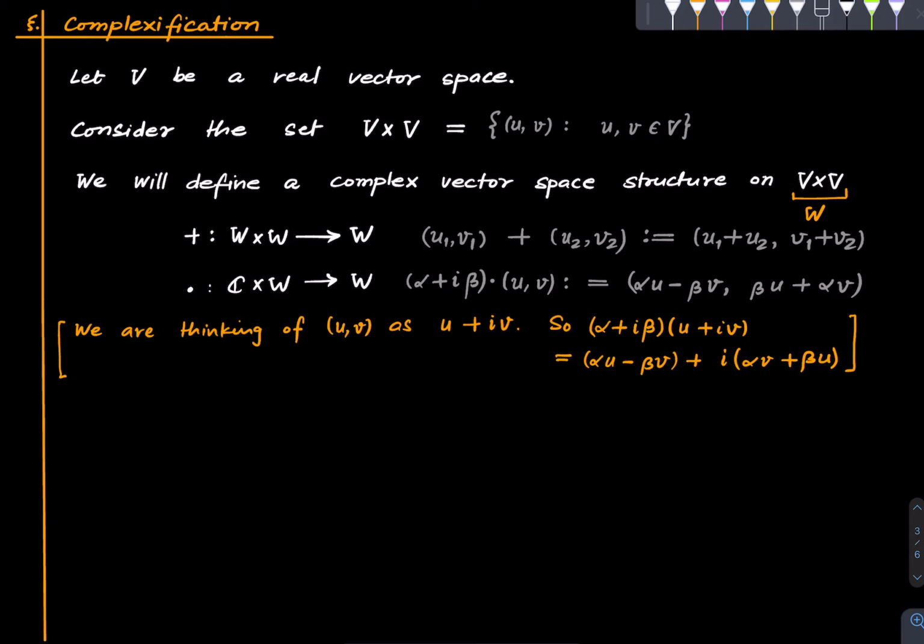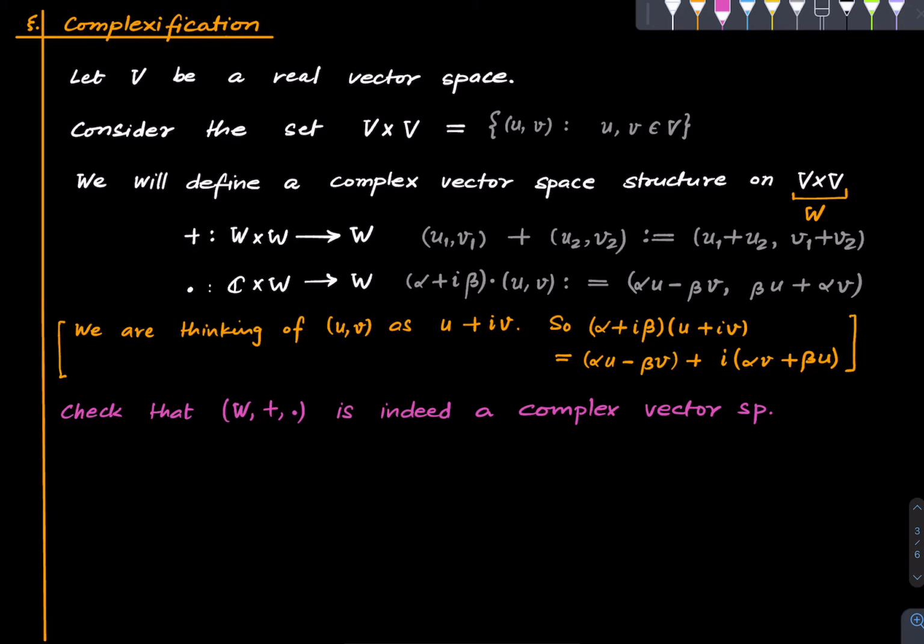Once we define these operations, here is the exercise. Check that W with these two operations, plus and dot, is indeed a complex vector space. That's a simple exercise.